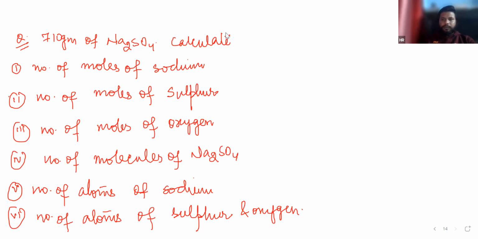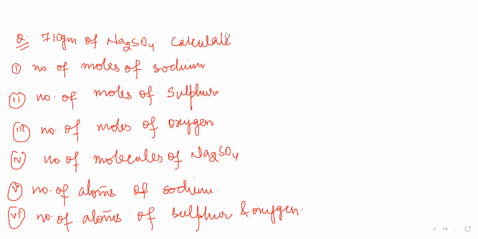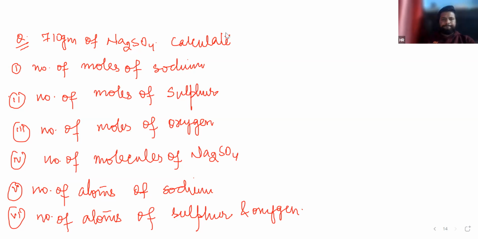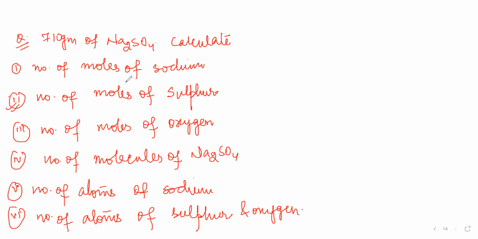Ethesam, what about the first one? I wrote the number of moles of sodium, 20, sir. Then for the second one I wrote the number of moles of sulfur, 10.